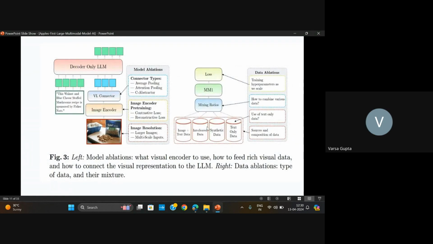We see this figure here. This is the architecture of a decoder-only LLM, where various components like the image encoder, visual language connector, and text are used. We pass an image, but the model is not able to read the image directly; we need to encode the image, so an image encoder is required.